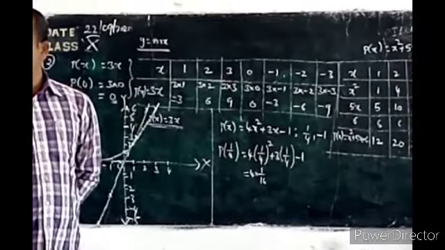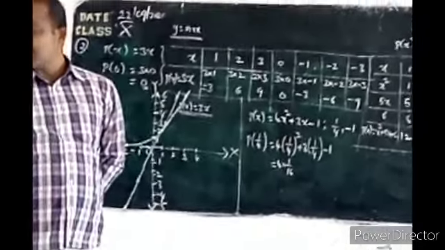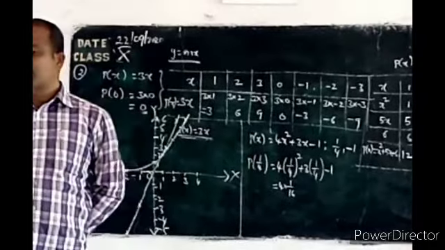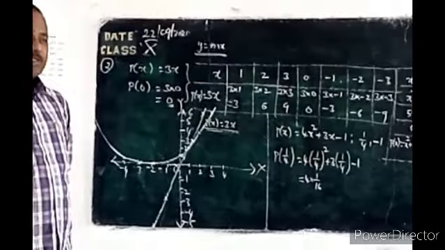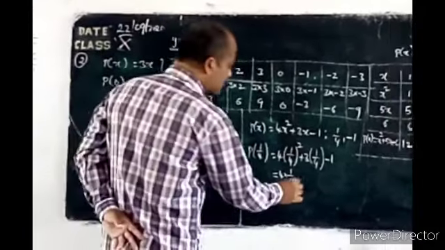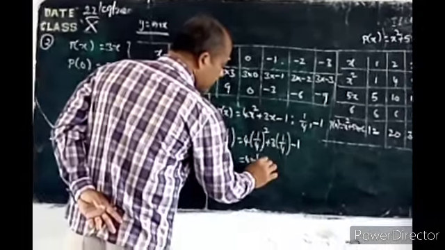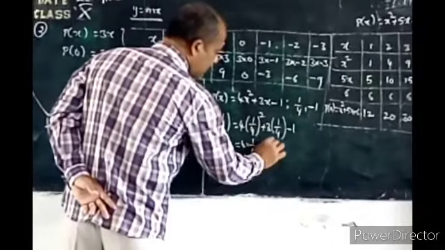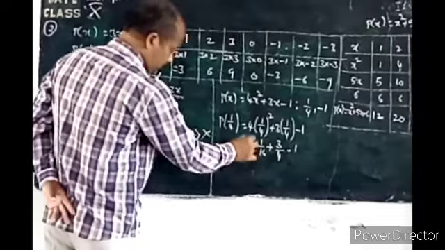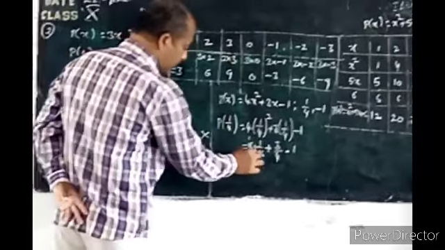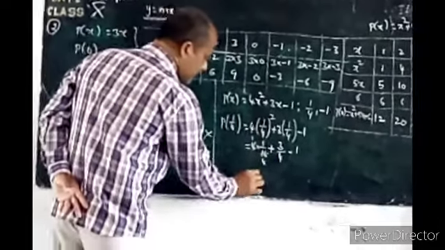Itself it is multiplied 2 times. 4 into 4, not 4 into 2. 4 into 4 is 16. Next, plus 3 into 1/4, that means 3/4 only. Then 3/4 minus 1. Here there is a cancellation: 4 1s are 4, 4 4s are 16.